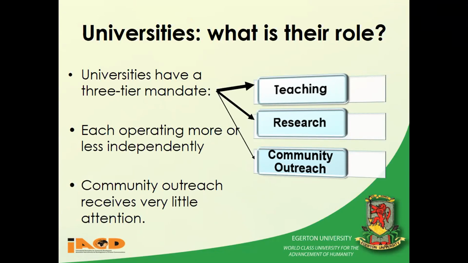Depending on how the university is structured, you may realize that these three are intertwined and they work together in a harmonious way. But much of the time you find each of the three arms operating more or less independently, with community outreach receiving the least attention from universities. And when I talk about attention, I'm also talking about funding. So you realize there's so much neglect when it comes to community outreach.